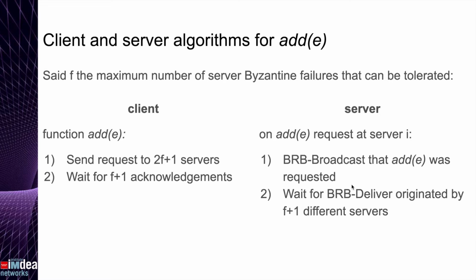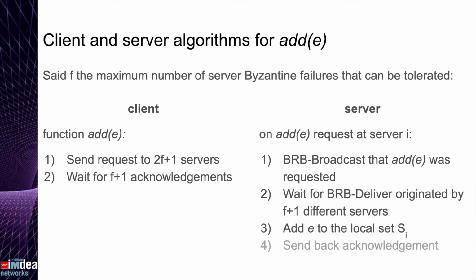In other words, a correct server wants to be sure that an element that he is adding to his local set was not forced by a Byzantine server colluding with a client that tries to broadcast that message without requesting it through the add protocol. When this condition turns true, the server adds the element to his local set and sends back the acknowledgement to the client.